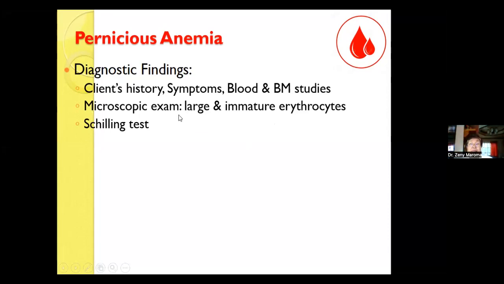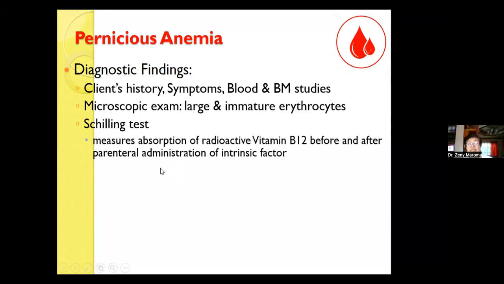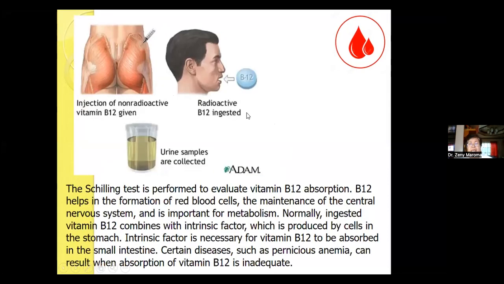Ano daw ang specimen? 24-hour urine. It measures the absorption of radioactive B12 before and after parenteral administration of intrinsic factor. Definite test for pernicious anemia.